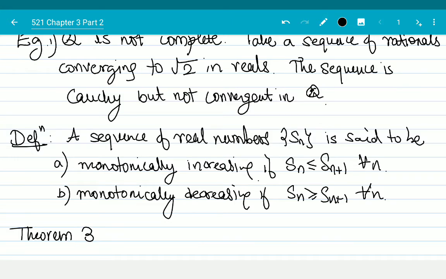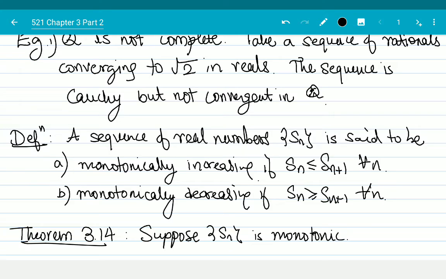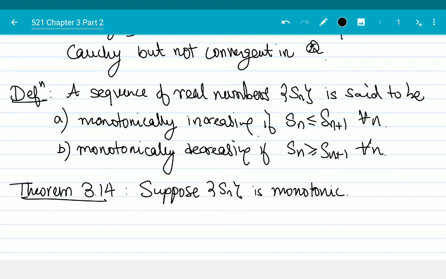So, theorem 3.14. Suppose Sn is monotonic. I'm not saying it is increasing or decreasing. It could be either. If it is monotonic, then Sn converges if and only if Sn is bounded.